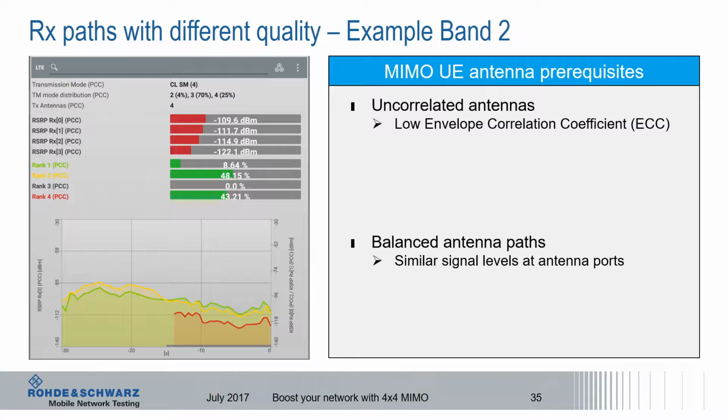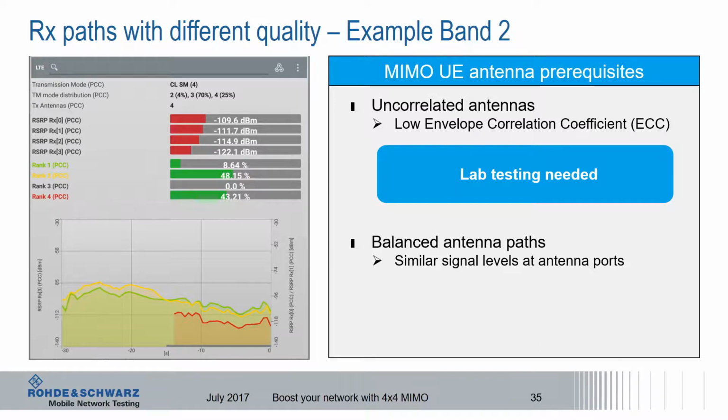If we just look at the UE antenna prerequisites, there are 2 important points. First, you have to have uncorrelated antennas, which means you have to have a low envelope correlation coefficient, ECC. And on the other hand, the antenna paths should be balanced somehow. That means the received signal level should be in the same order, and there should not be a big difference, because otherwise you will have a big imbalance of the paths, and this will really impact your MIMO performance.